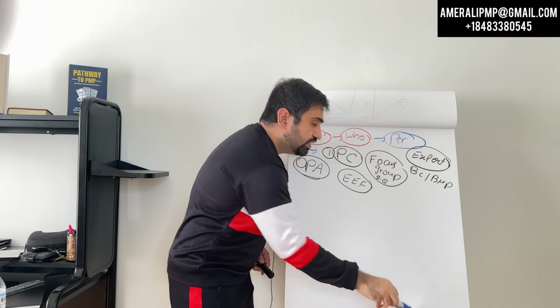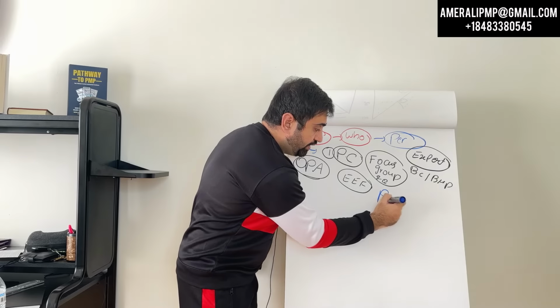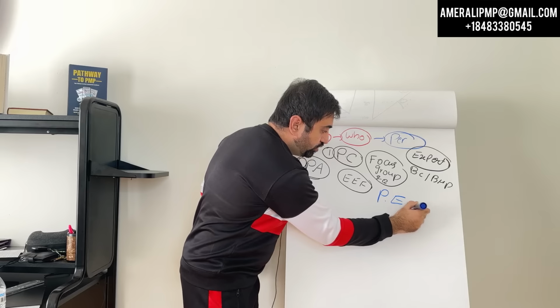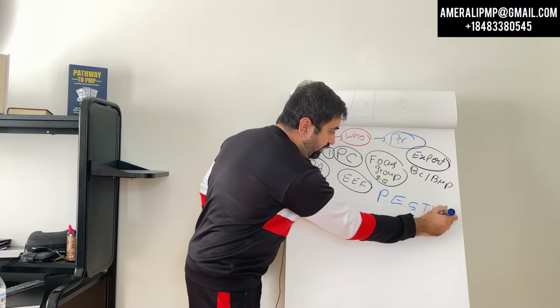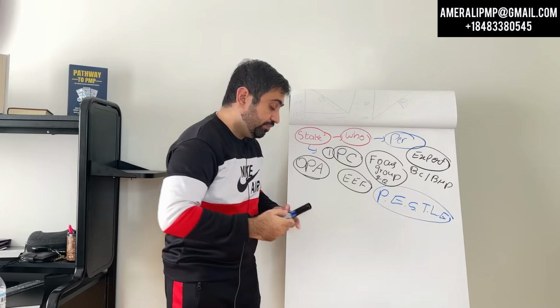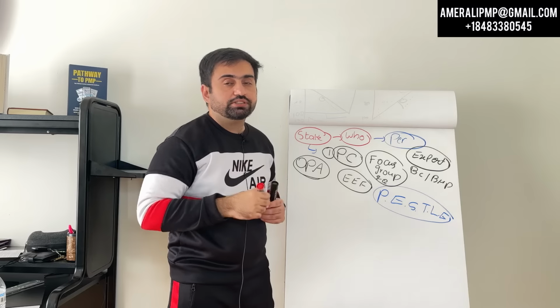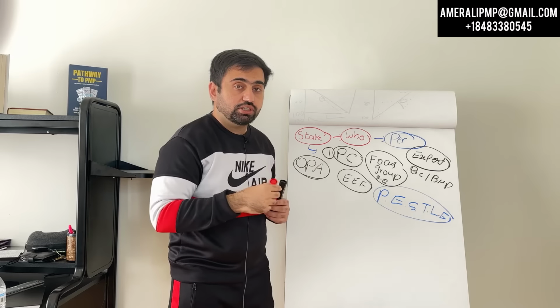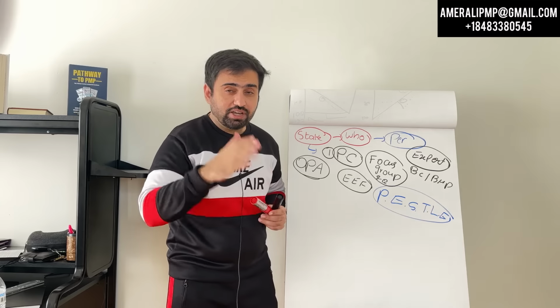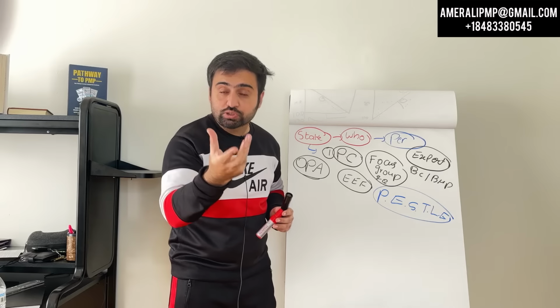I like to use the acronym PESTLE: political, economical, social, technical, legal, environmental. Who these stakeholders are? Like who can be a political stakeholder, who can be an economical stakeholder, who can be a social, technical, legal, environmental one. Pause this video, look at your project and tell me who those stakeholders are.